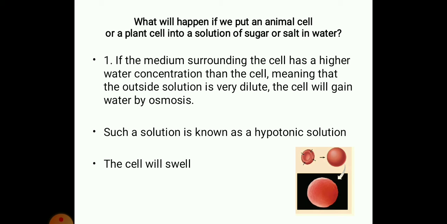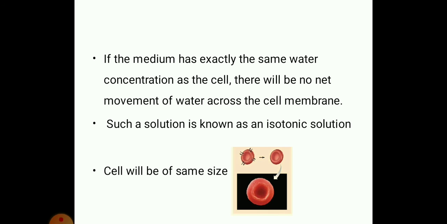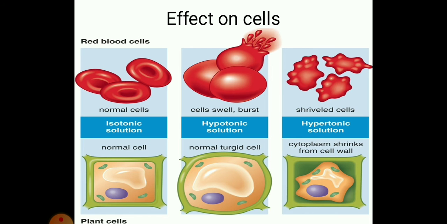Here is the detailed explanation about the effect of osmosis on the red blood cells as well as on the plant cell. As you can see in the picture, in case of isotonic solution, the animal as well as plant cell have no effect and they remain in normal shape and size.